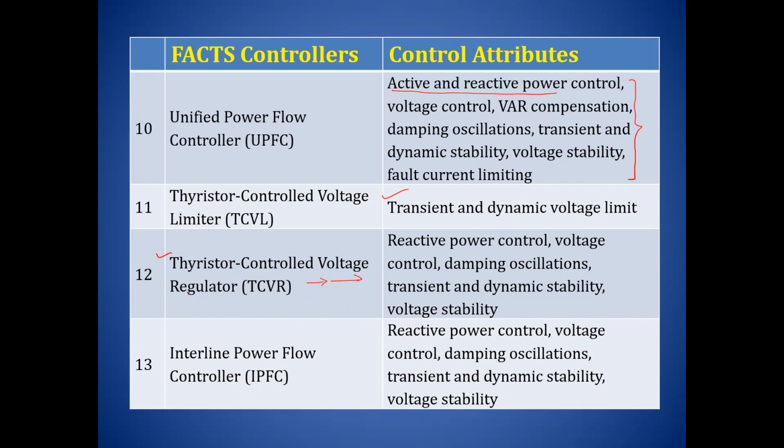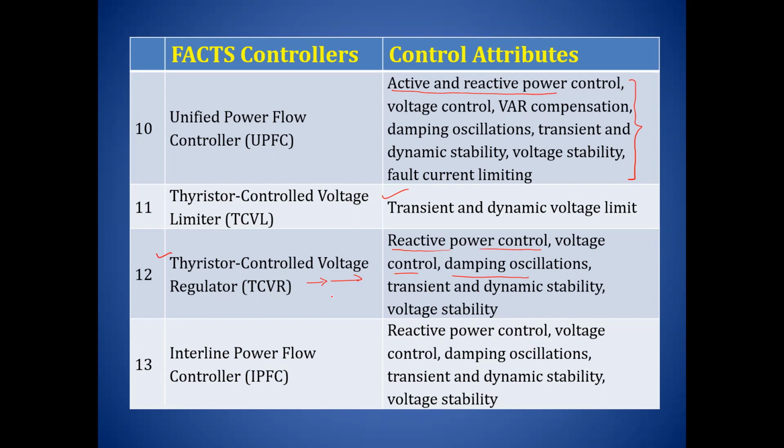When we are maintaining the voltage profile of the transmission line, it means that we are handling the reactive power. We are going to optimize the reactive power. So with the help of the thyristor controlled voltage regulator, it is possible to do reactive power control, voltage control, damping oscillations, transient and dynamic stability, and voltage stability.